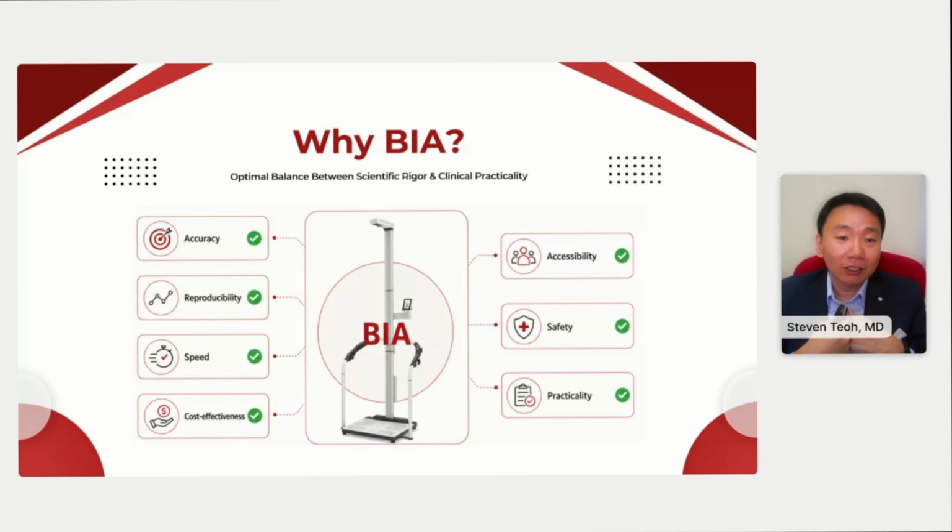And I think the body composition assessment tool that truly fulfills each and every one of these criteria is BIA, and it offers a balance. Some may be stronger, some may be weaker, but at least it constitutes all these things. It is fast, non-invasive, there's no radiation involved, relatively affordable to the patient, and practical for repeated measurements in the clinic.